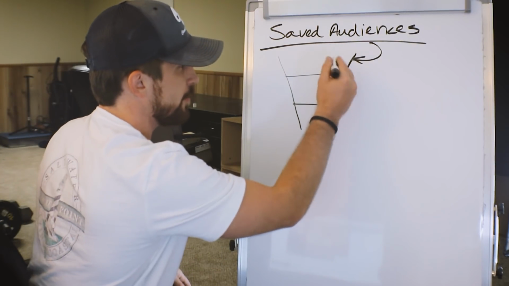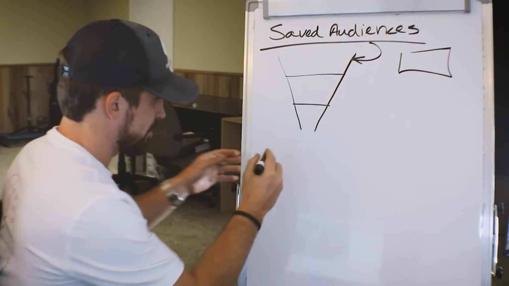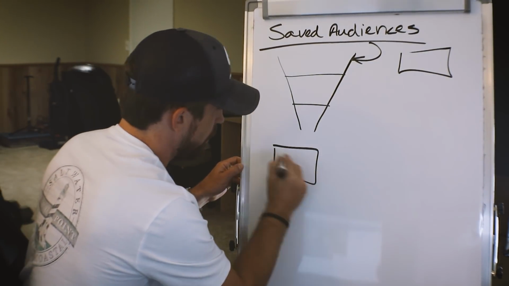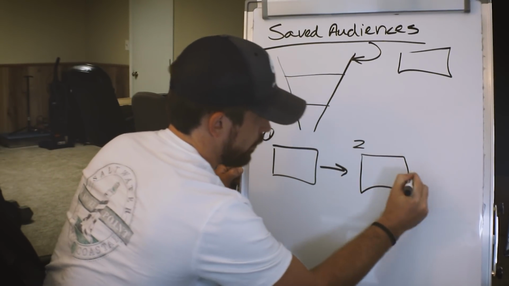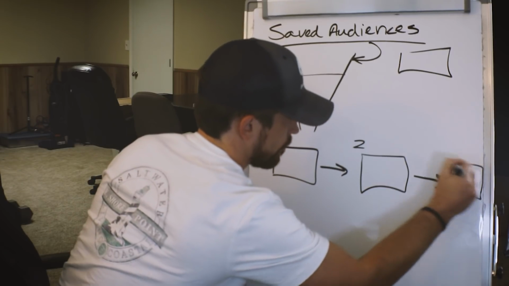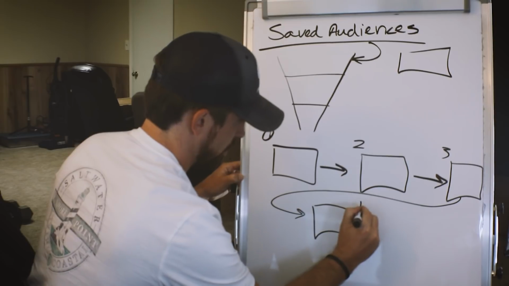And then from here, basically this is like ad number one. So if you're looking at your ad string, right? If you have ad 1, 2, 3, right? And then 4.